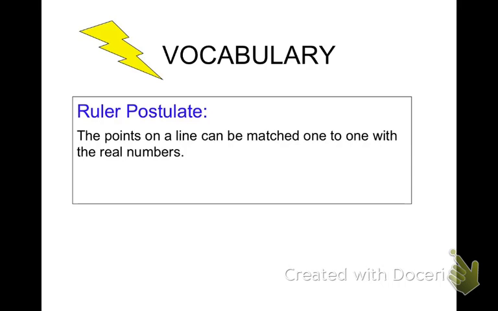And what the ruler postulate says, which is very basic, is that the points on a line can be matched one-to-one with the real numbers.